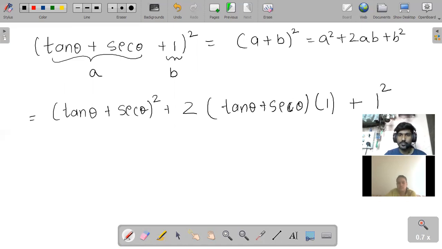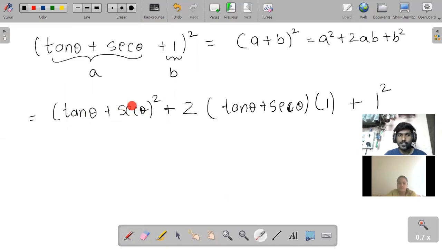Did you understand this? Yes, you can cancel tan plus sec theta and tan plus sec theta. No, you cannot, because this is tan theta plus sec theta whole bracket square, and there is a plus sign here. That's why you cannot cancel.